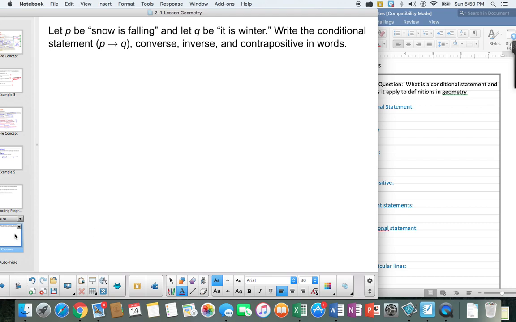Okay, so our last example is, can you take a phrase and write it in all of the ways: the conditional statement, the converse, the inverse, and the contrapositive. So one more time, stop the screencast, see if you can write all four statements, and then resume.